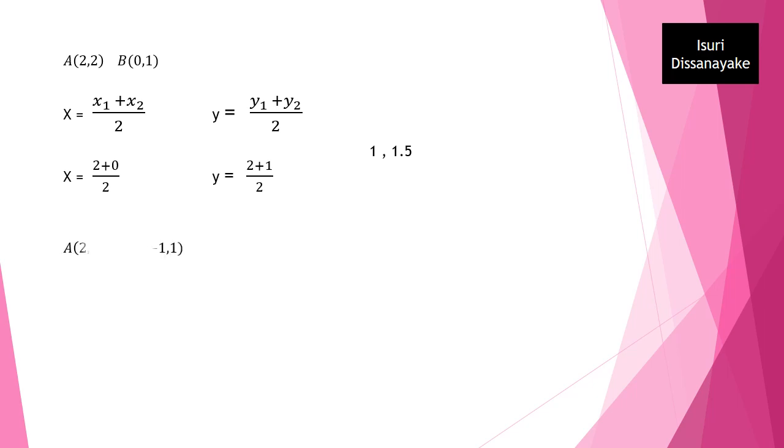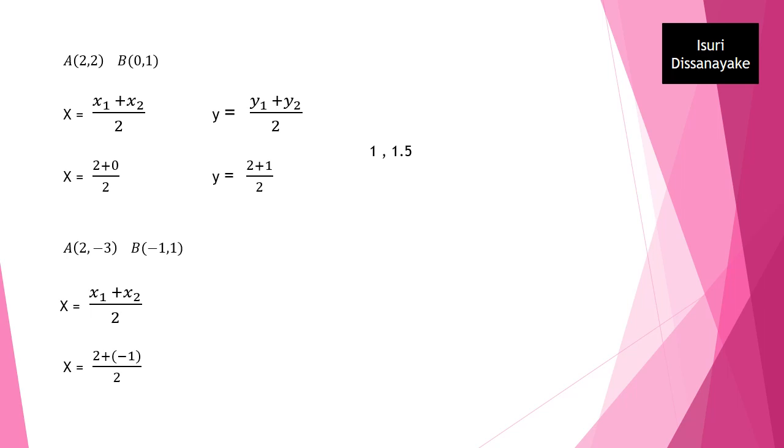Let's do another example. The point A is (2, minus 3). Point B is (minus 1, 1). So the same thing we are going to do. We are going to add the 2 x coordinates and divide it by 2, so we get the midway of the x coordinate. That is 2 plus minus 1, which is plus 1, divided by 2.